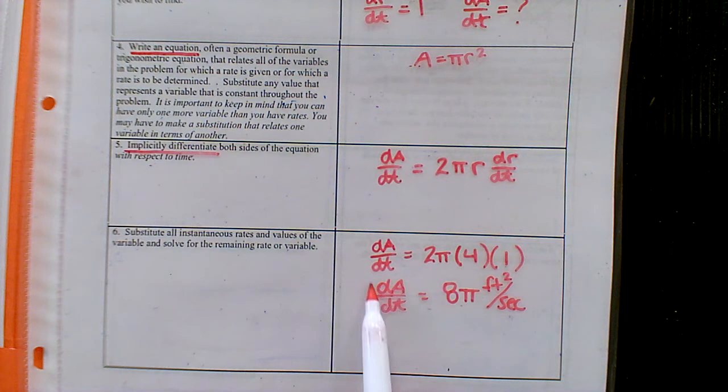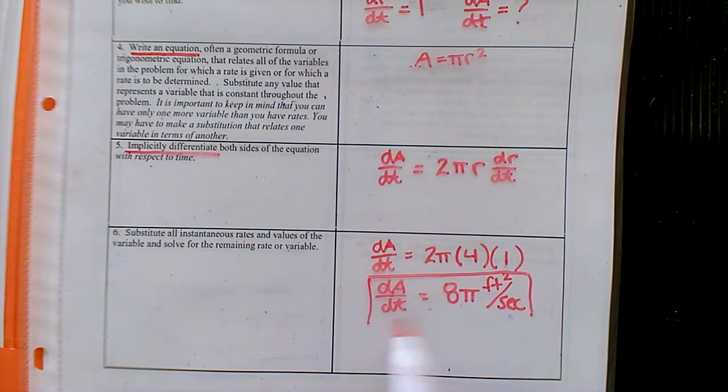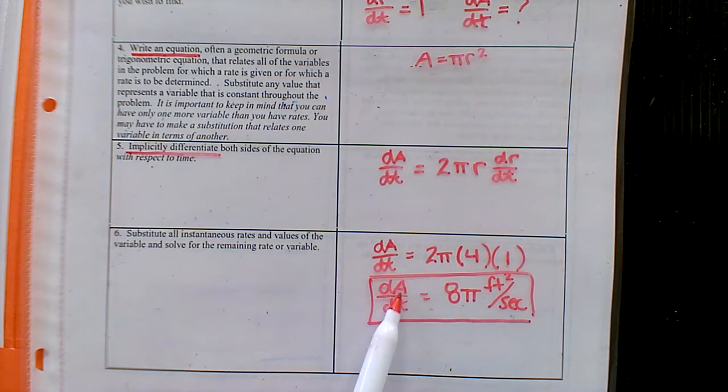So the derivative symbol is kind of cluing you in as to what your units should look like. You should have an area unit over a time unit. How is that related rate? That one was kind of simple. Let's try another one.